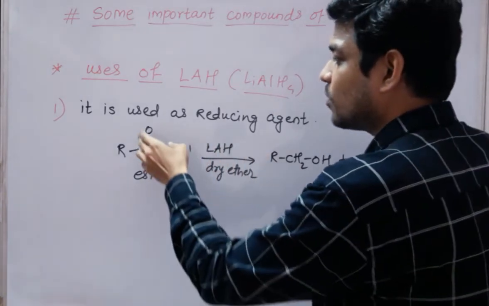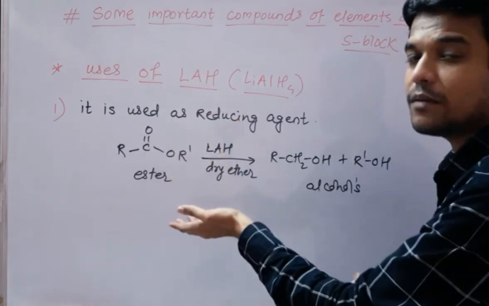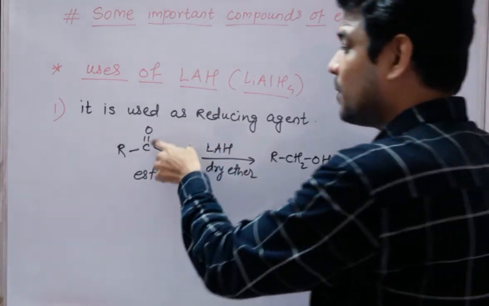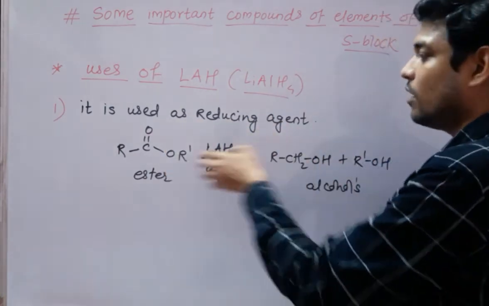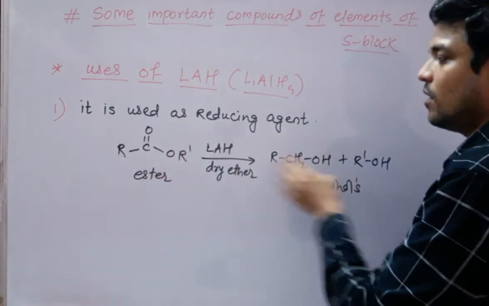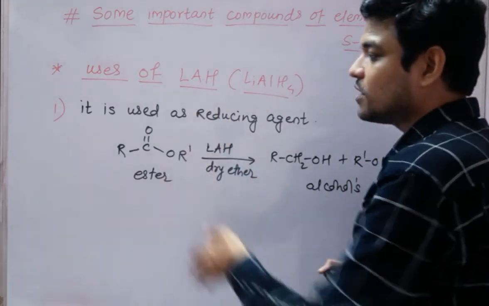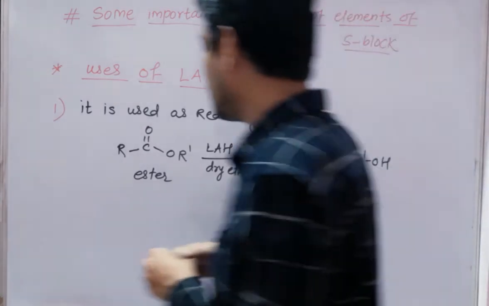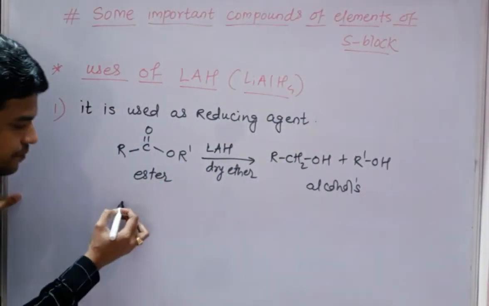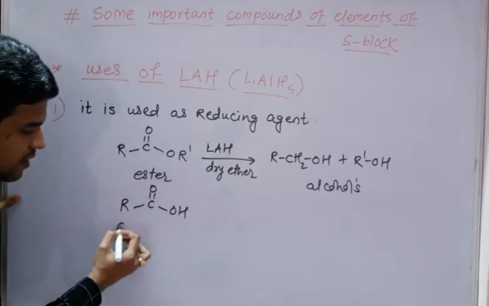देखो यहाँ पे रिडक्शन हो गया, ऑक्सीजन रिमूव हो गया, RCH2, यहाँ पे कार्बन पे हाइड्रोजन ऐड हो गए, और यहाँ पे डबल बॉन्ड सिंगल बॉन्ड हो गया, ऑक्सीजन का हाइड्रोक्साइड टोटल RCH2OH और R-OH. So there is a cleavage of this ester and we get two types of alcohols. Also it can reduce carboxylic acid. So RC double bond OOH, this is carboxylic acid.